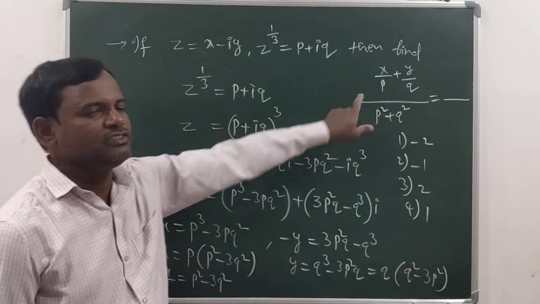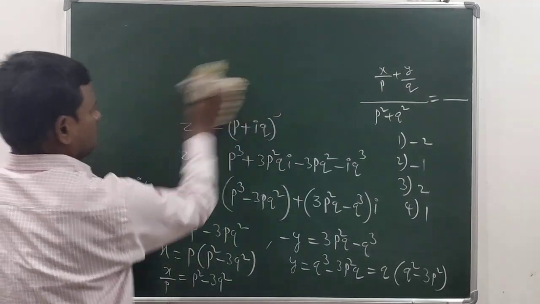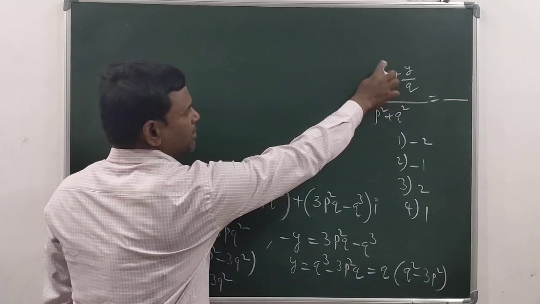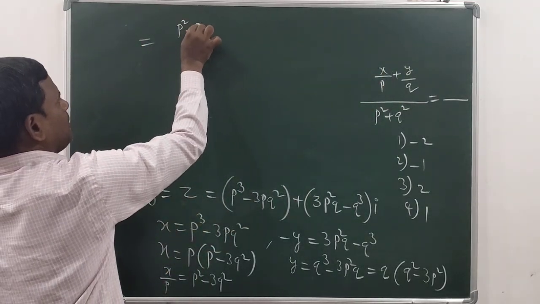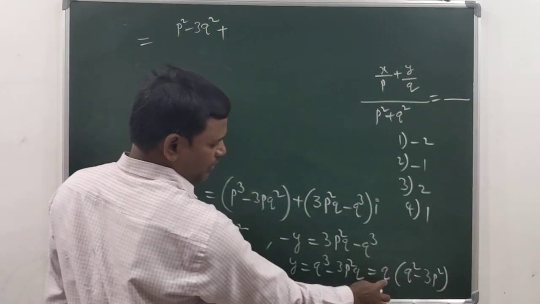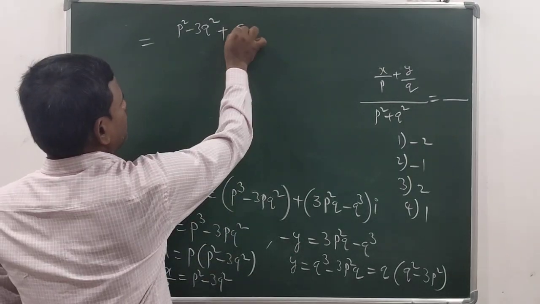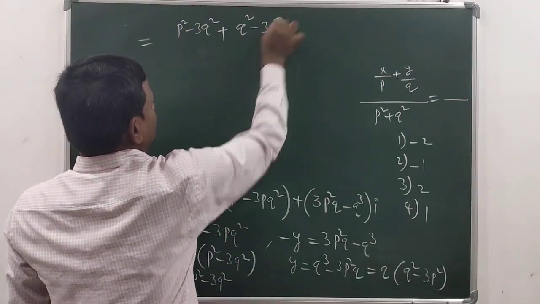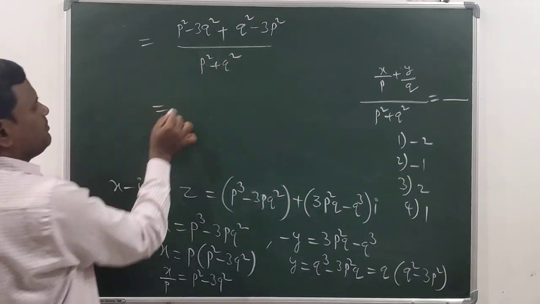Now find this value. So substitute the x by p value in the place of x by p there. So here p square minus 3q square plus y by q. When you transfer q to the left side, how much is left for y by q? q square minus 3p square, whole by p square plus q square.